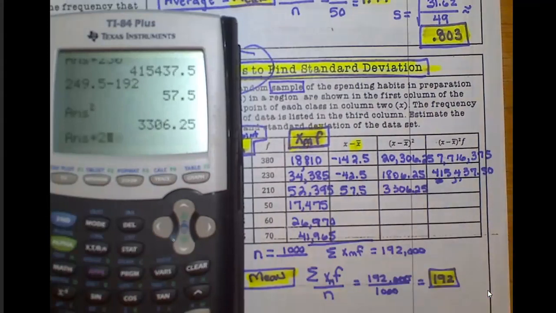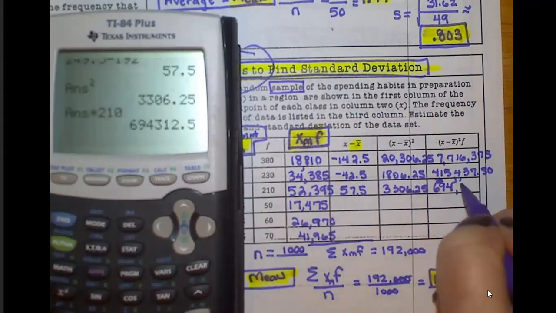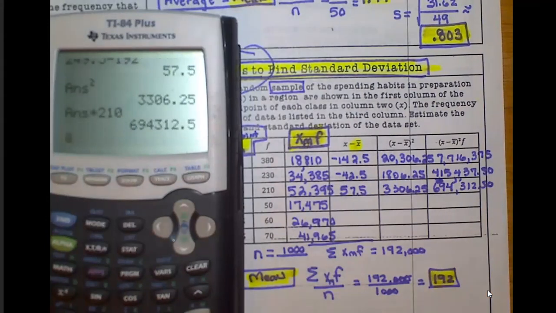Multiply by 210. 694,312.50. Okay, the numbers are going to get bigger.